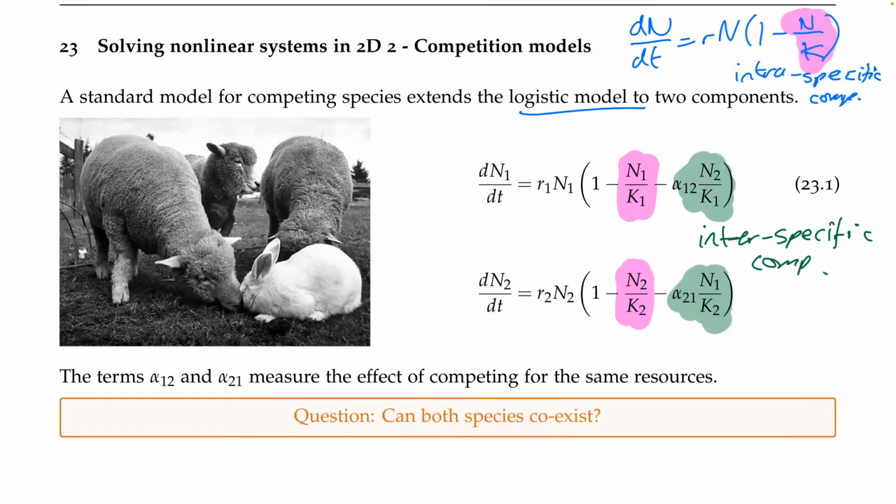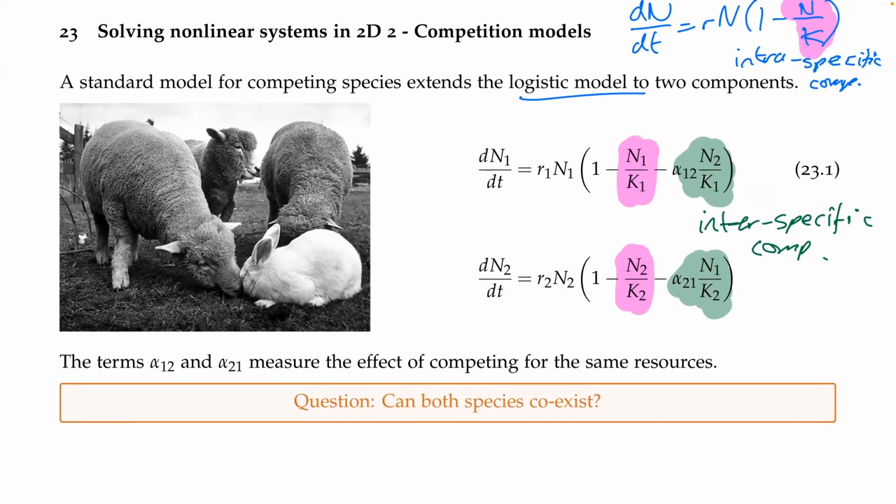What does this look like? Well, it's kind of similar to what we have when we have one species there. There's an N over K term. So our K's here are carrying capacities for species 1 and 2. So K1 is that in the absence of competition, how many individuals can we have in species 1, or K2, how many individuals can we have in species 2?